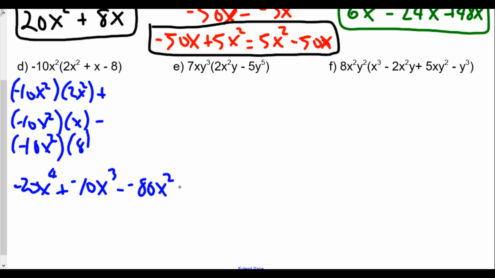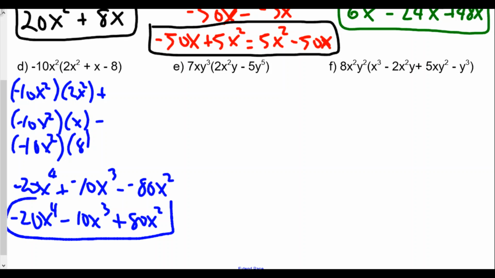Let's clean up a little, because you have plus minus and minus negative. We'll have negative 20x to the fourth minus 10x to the third plus 80x squared. And this will be our product.